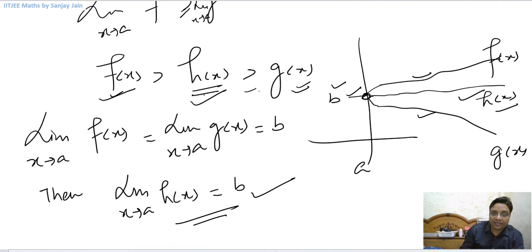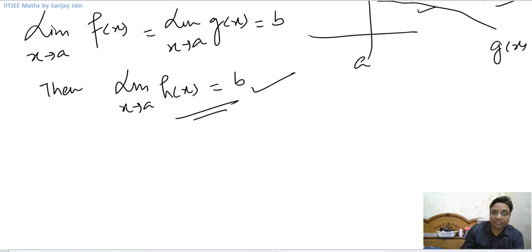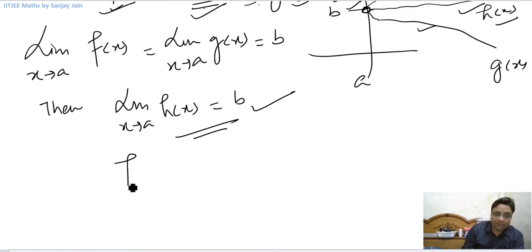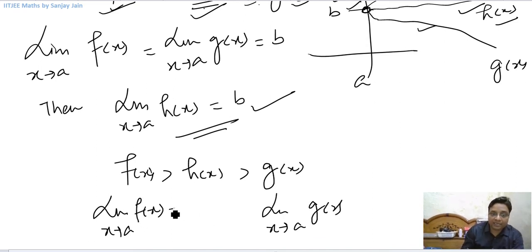Okay, and if you want the proof of it, then what you can say here is that f of x is greater than h of x is greater than g of x, right? Now if I apply limit x tends to a to g of x, f of x, and h of x, right?